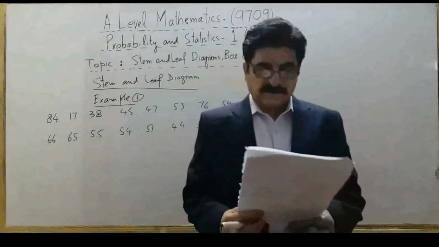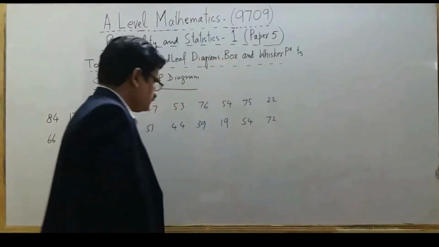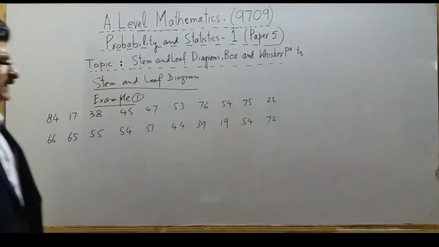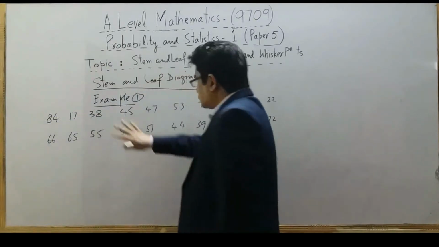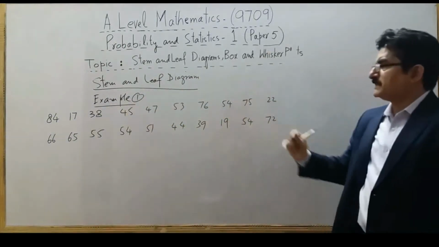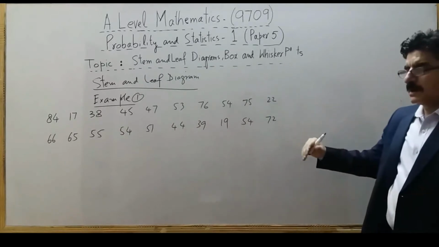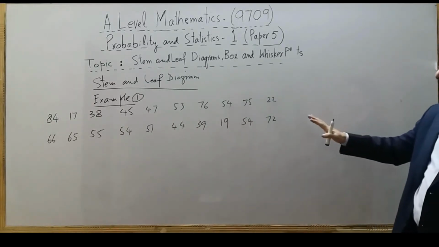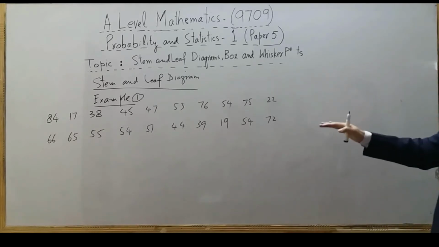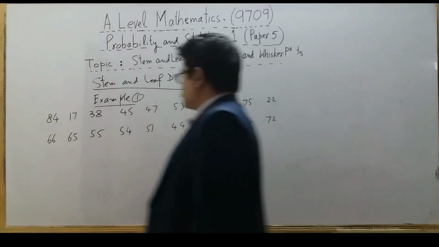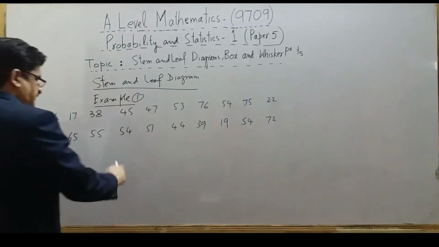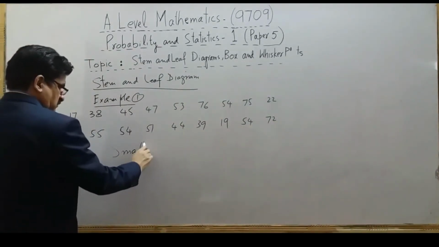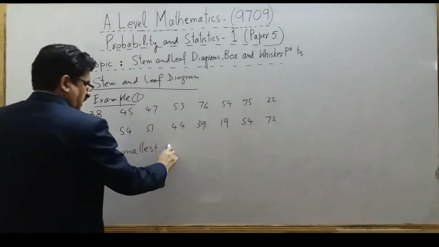Okay, let's start. It's example 1. You are given raw statistical data. In this form, it is difficult to understand this data, to analyze or to comment on it. So we have to arrange these values in a stem and leaf diagram. First of all, you will find the smallest value from the data.